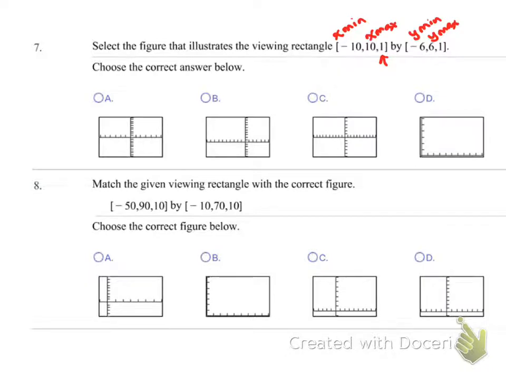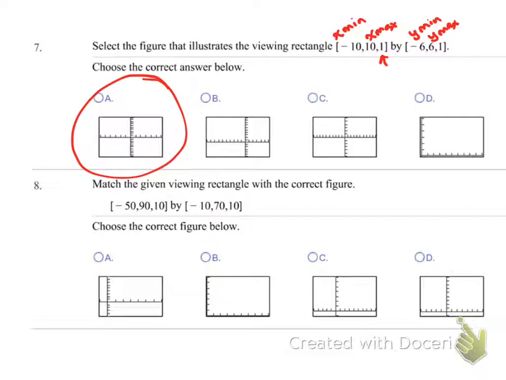So what I'm doing is I'm looking for a window that has an x minimum of negative 10 and an x maximum of positive 10, y minimum of negative 6, and a y maximum of 6. So it looks to me like this cannot be it. Why can it not be it?